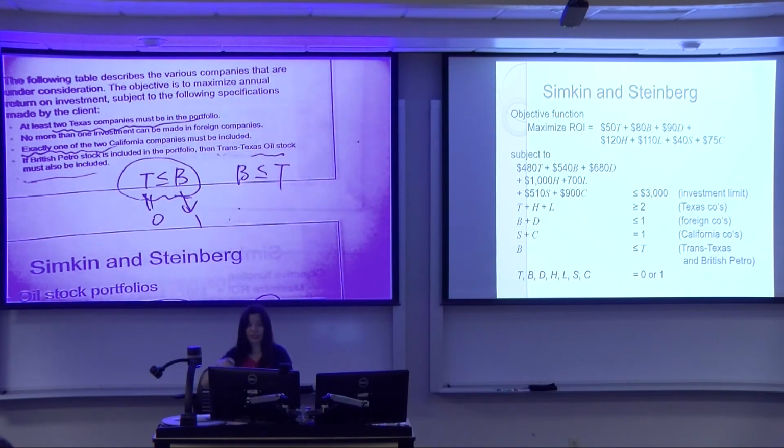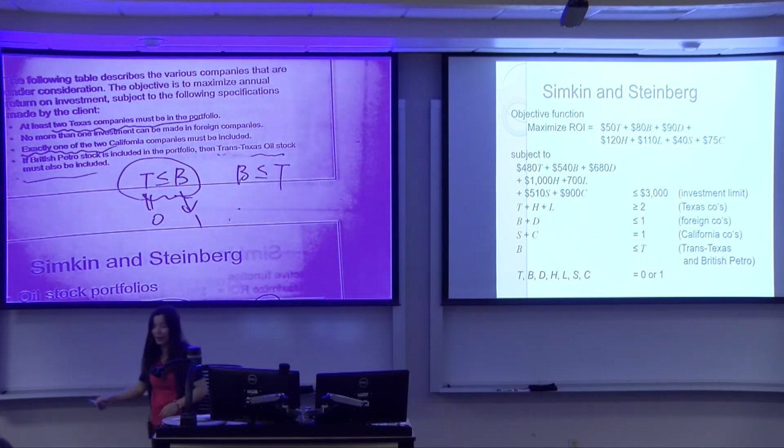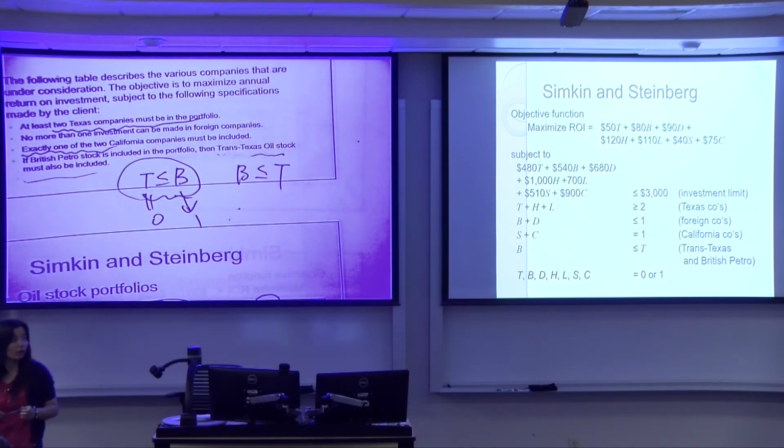However, can you have T included, but B not included? Meaning the Texas oil investment is included, but the British Petrol stock is not included. Will that be okay? That is okay. So what is it saying?